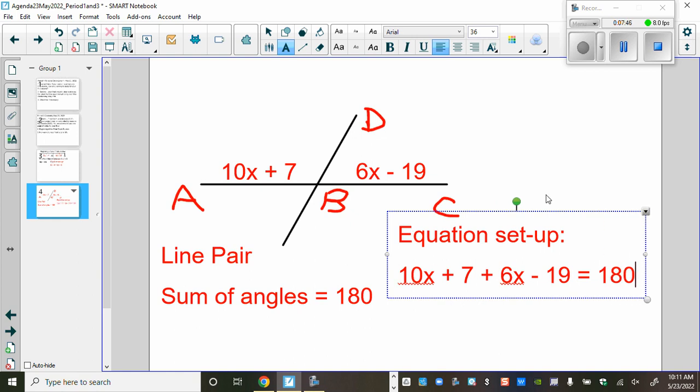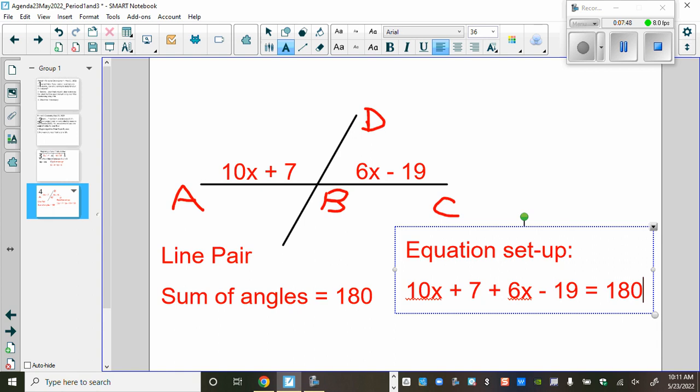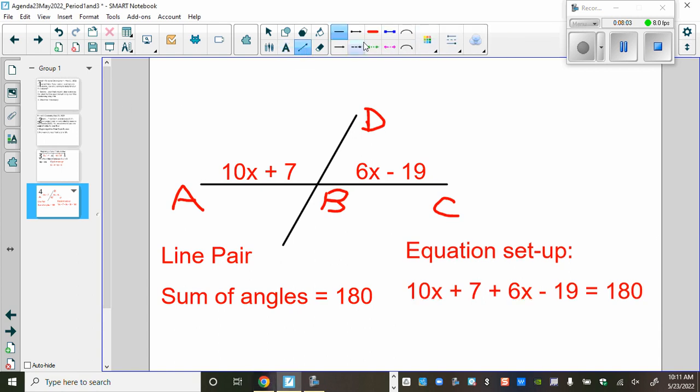That's our setup. Very good. You do need to know this. That's what we need to know for these types of problems. I'm telling you, you will get a problem like this on your final.